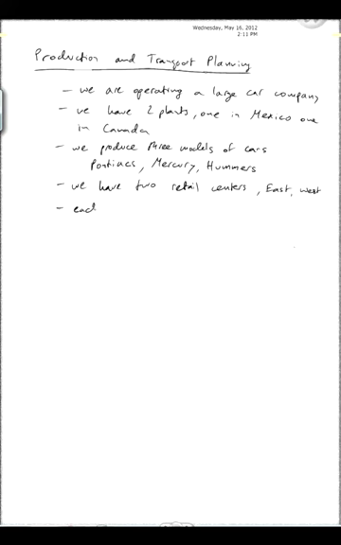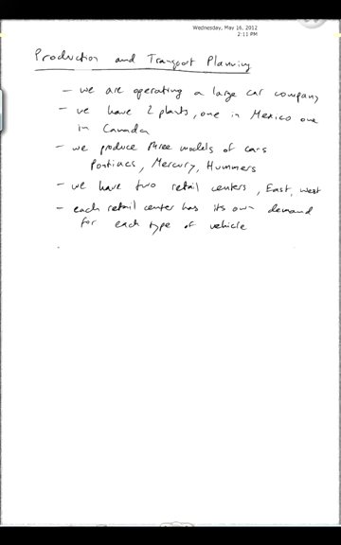And each retail center has its own demand for each type of vehicle. So what I mean by this is that maybe Pontiacs are very popular in the East Coast, but maybe not so popular in the West Coast. So we have different demands for each of these models in each of the retail centers.